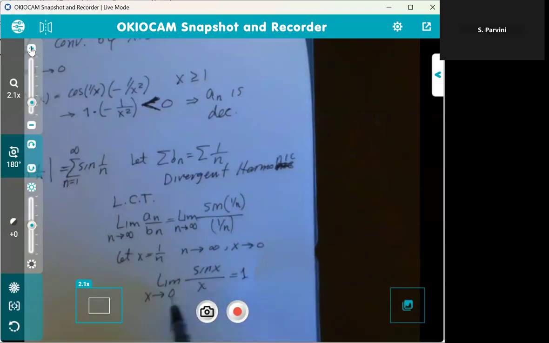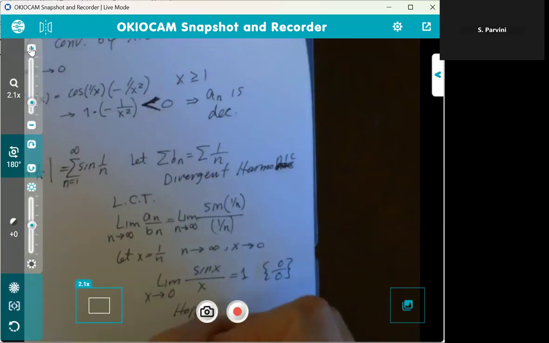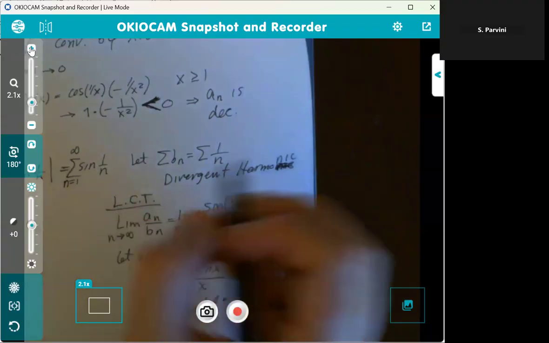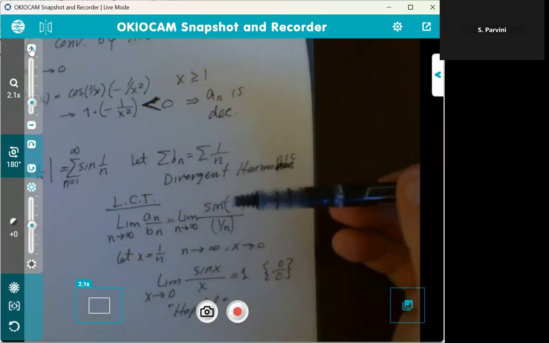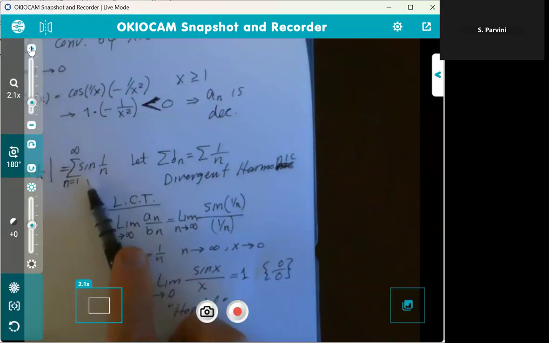If you want, you can actually use L'Hospital on this because sine of 0 over 0 is an indeterminate form. Take the derivative of the top, derivative of the bottom, and the answer should be 1. Nonetheless, what we wanted to know is convergence or divergence of this series.